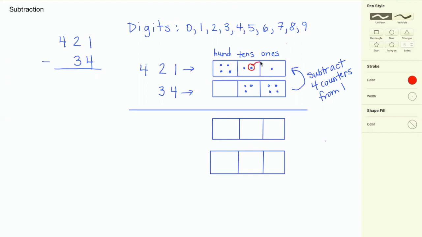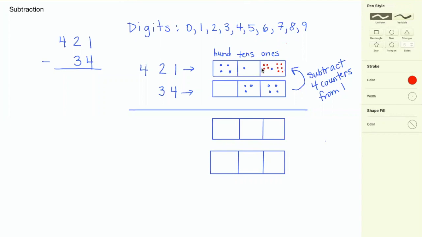Well, I can move that into the ones position, replace that 1 ten with 10 individual counters now in the ones position. So I've squeezed in the 10 counters from the 1 ten that I borrowed from the next column over.